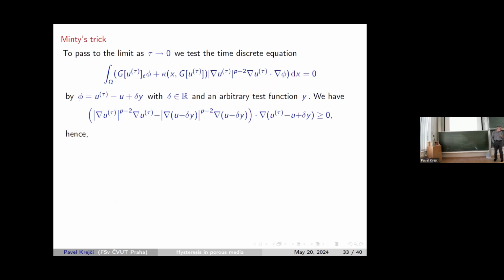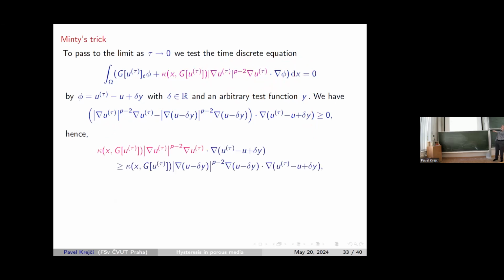of the p-Laplacian. This expression is non-negative, and this means that you can replace this term, the red term, with a term which does not contain the gradient of u tau anymore.